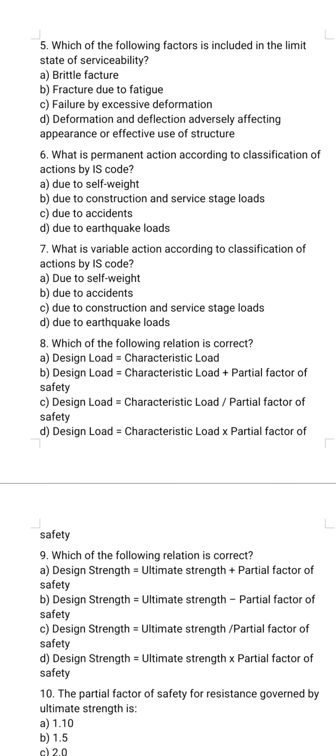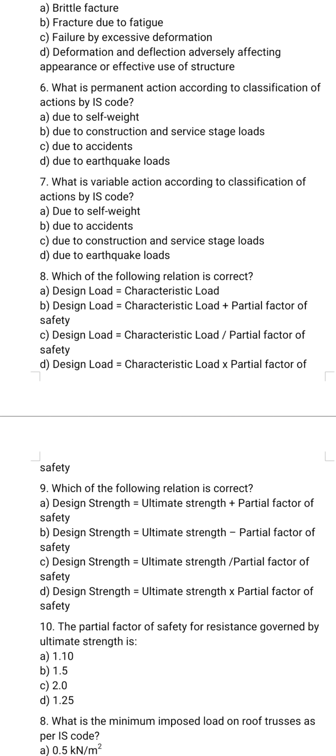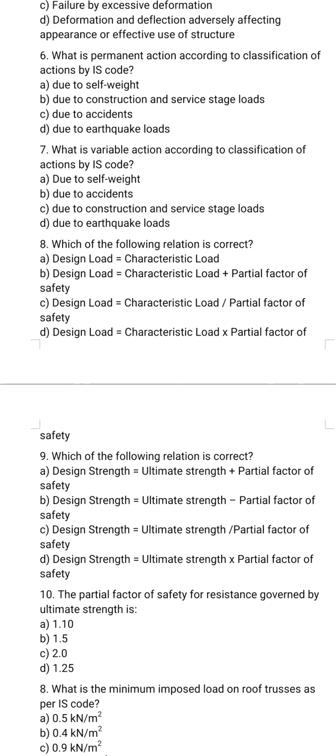What are variable actions according to the classification of action by IS code? Variable actions are actions due to construction and service stage loads such as imposed loads, wind loads, earthquake loads, etc. So your answer should be according to that.